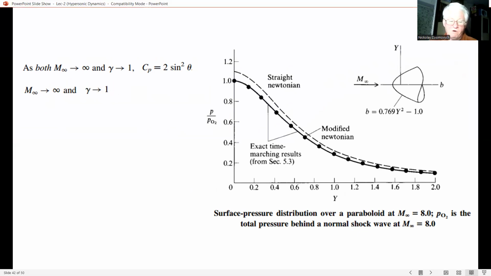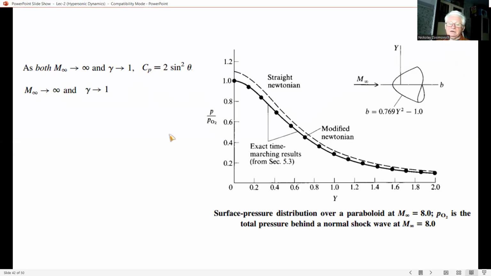For the prediction of pressure distribution over a blunt nose body, the modified Newtonian equation is considerably more accurate than the straight Newtonian equation. This is illustrated in the figure on the right, which shows the pressure distribution over a paraboloid at a given Mach number.